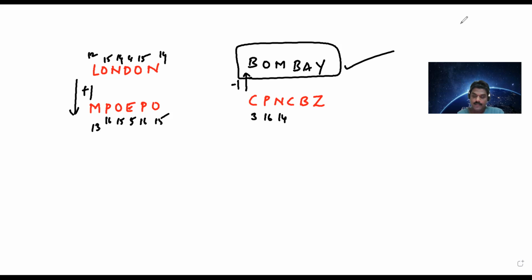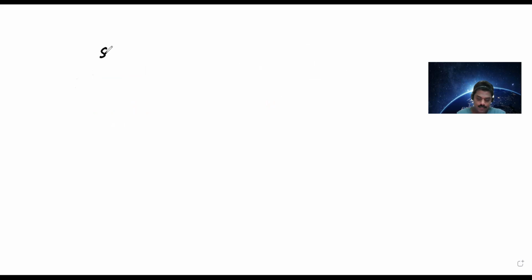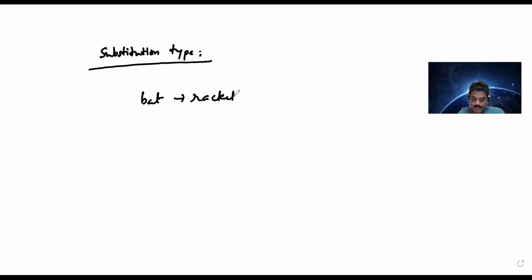Then moving on, I have two examples for substitution type, which I have discussed in part 1 also. Right? So a bat is being called as racket. A racket is being called as football. A football is called as shuttle.